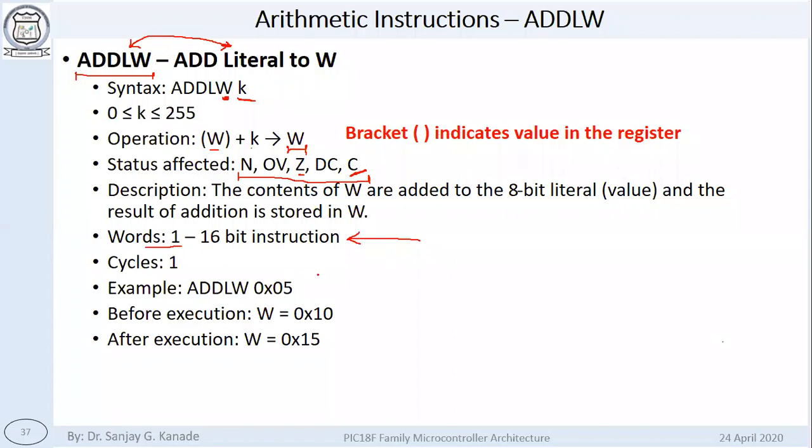Here the instruction is ADDLW 0x05. The instruction itself says that it is addition of L and W. And you already know what I told you, that there are only 4 32-bit instructions.